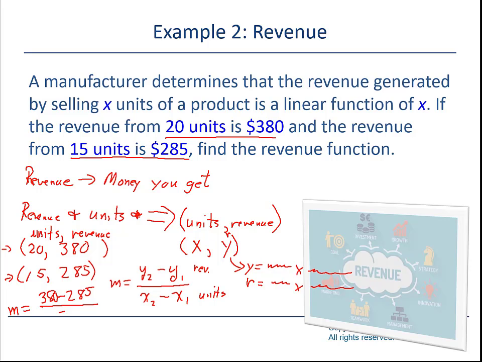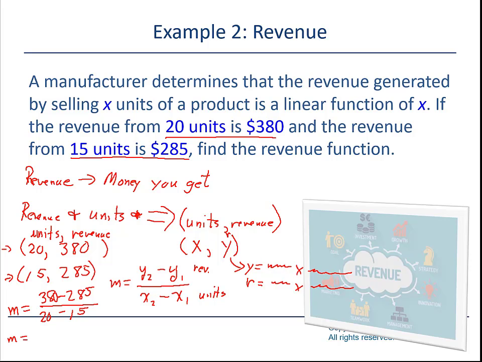You have 380 minus 285. So in these ordered pairs, we're subtracting downward. 380 minus 285. So when we subtract the x's, we'll have 20 minus 15. So what is our slope?